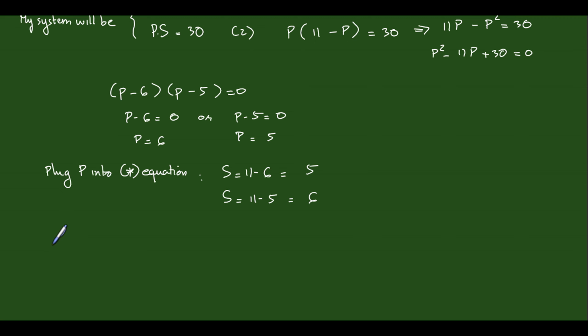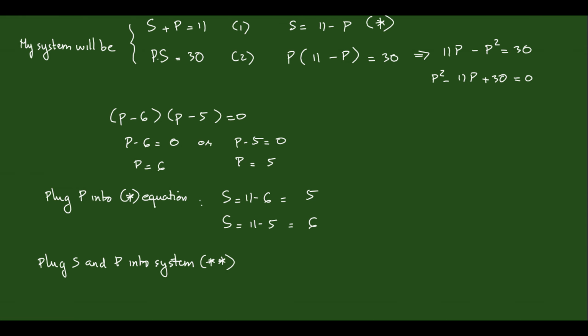So plug s and p into system 2 star. Then what do we have? If s is 5, p is 6.